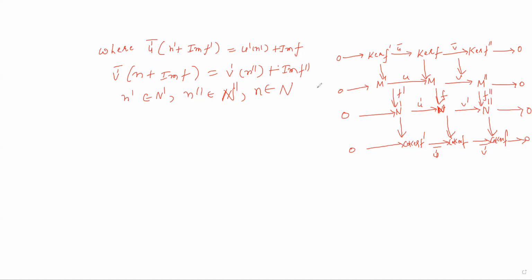Now we have to see that this sequence is exact. Our aim is to show that the sequence, this sequence starting from here. So from here to here you also have an inclusion map. So from here to here, this is actually the tracing of the mapping D. This sequence is exact.